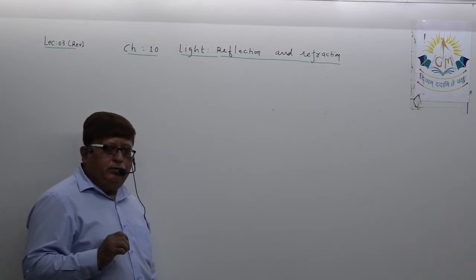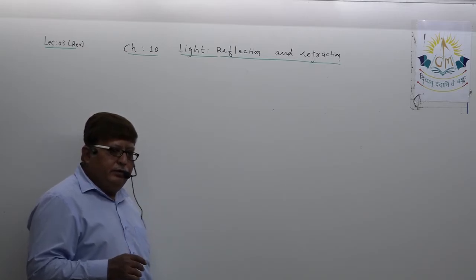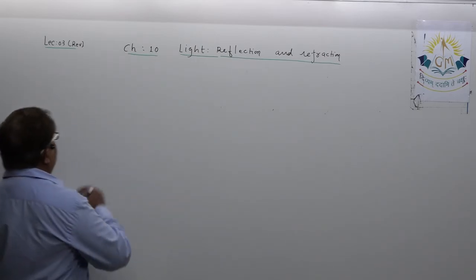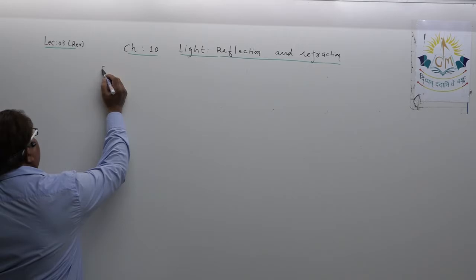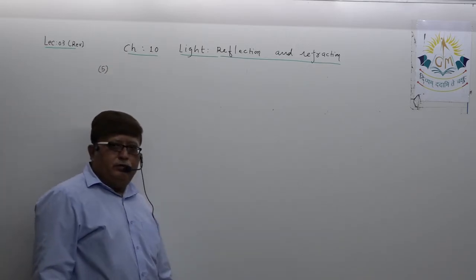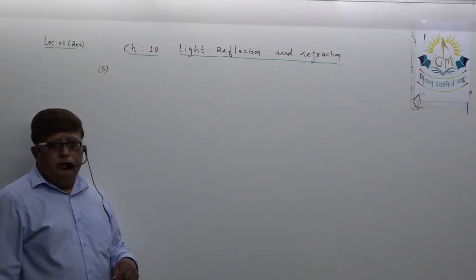You have to find the position of the image. First, you have read the data. Let me assess the data given there, and accordingly we are going to represent it here on the board.